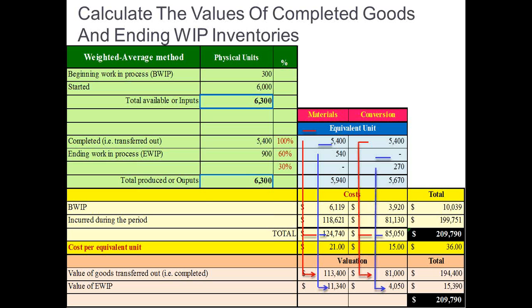For relevant conversion costs, the same exercises are repeated within the conversion column. Consequently, we can obtain the value of completed goods, or goods transferred out, amounting to $194,400 by adding the relevant materials, $113,400, and conversion, $81,000, in costs.